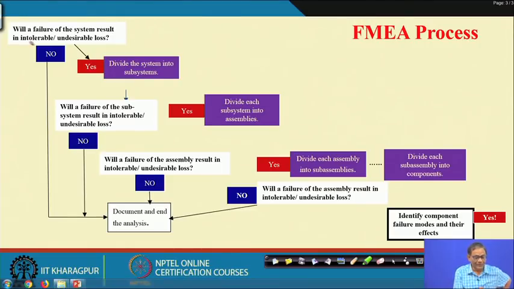Questions are like this: will a failure of the system result in intolerable or undesirable loss? You have your big plant, big organization. You can divide it into several systems, then system to subsystem, then up to component level.